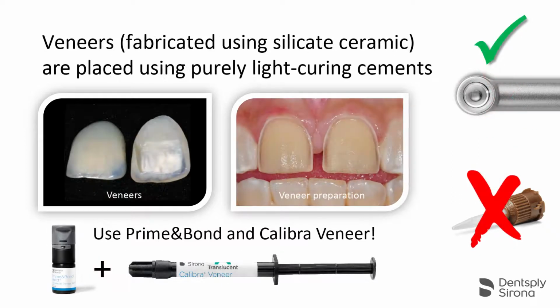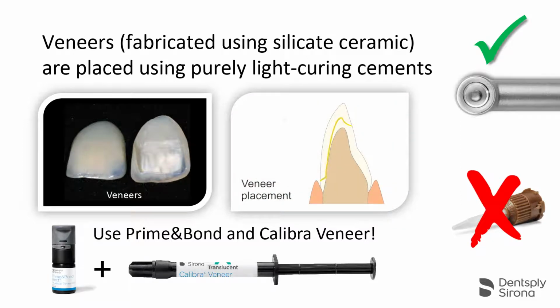The complete opposite is true with veneers, which are used for aesthetic correction of anterior teeth. Veneers must always be placed adhesively. As veneers are very thin and highly translucent, Calibra Veneer cement can be very easily light-cured through the veneer. Calibra Veneer is thus a purely light-curing cement.